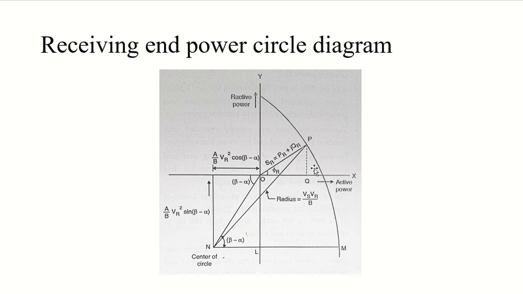Here you have active power, here you have reactive power, and this is the hypotenuse, which is showing the apparent power. So it is basically your power triangle, you can call it a mini power triangle in here.